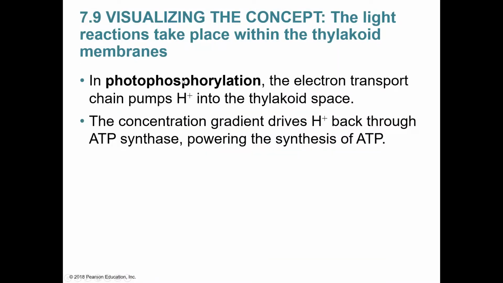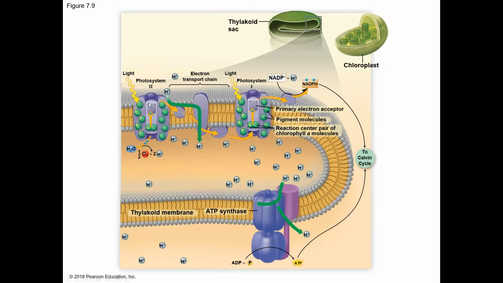So in photophosphorylation, the ETC pumps hydrogen ions into the thylakoid space. When we say that we're exciting the electrons in PS2 so that we can use their energy to do something, technically what we're using that energy for is this transmembrane protein.